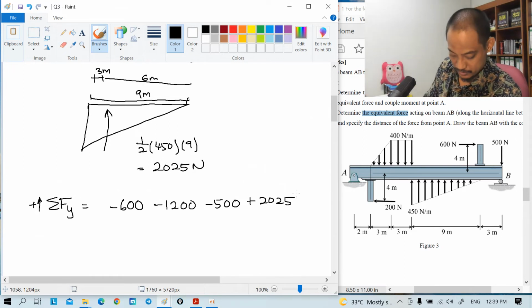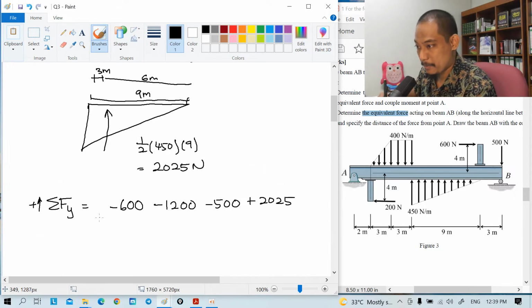If you calculate this, minus 600 minus 1200 minus 500 plus 2025, you get minus 275 Newton. This means it is downward, right?